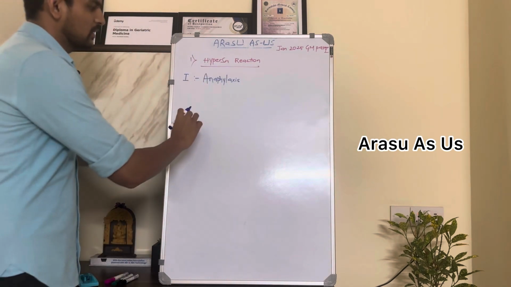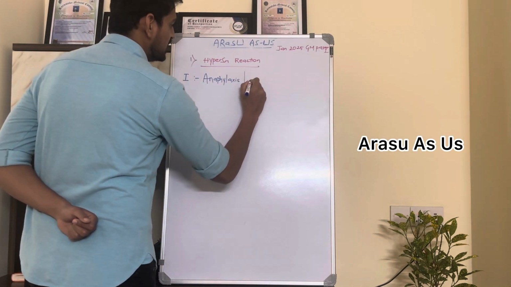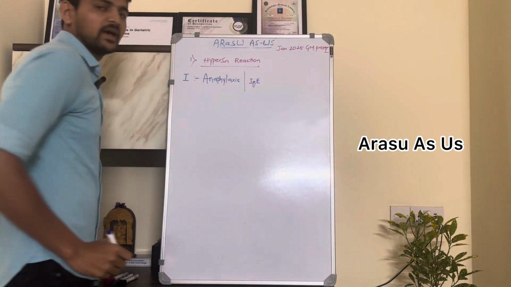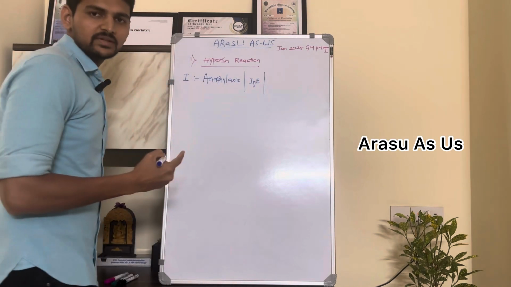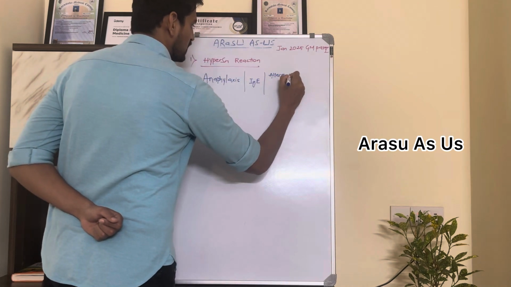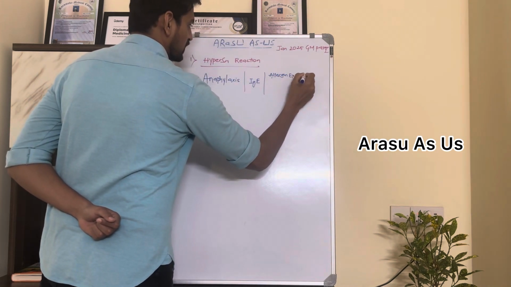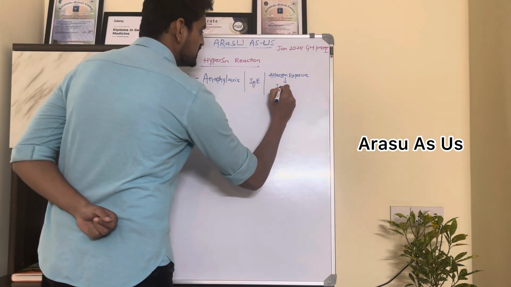So here, just now we listed out the immune cells. Among those, we can consider IgE as in exaggerated stage. So as we all know, there will be some allergen exposure. Over 10 to 15 days, formation of IgE will happen.